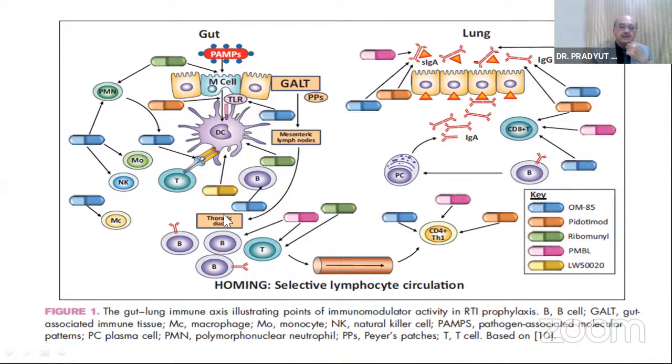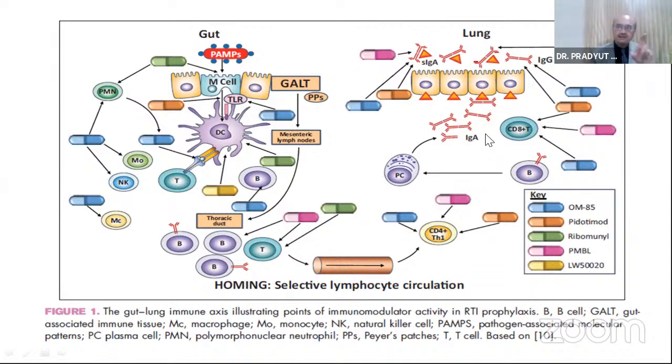And when this occurs, there is a homing of both the T cells and the B cells, and then this results in production of antibodies, both IgG and IgA, and also CD8 and CD4 lymphocytes in the lung-associated immune system. So the work starts in the gut and then progresses to the lung.